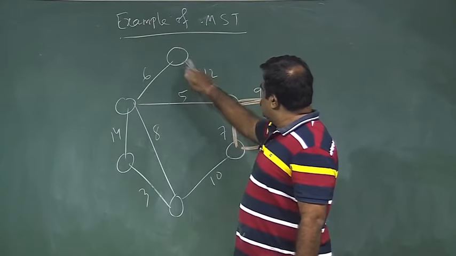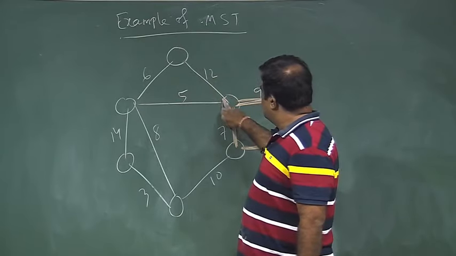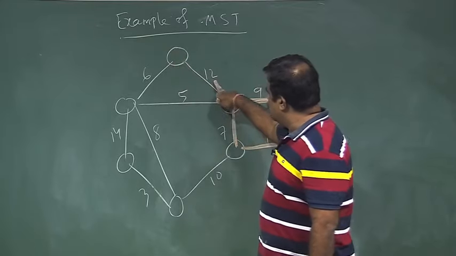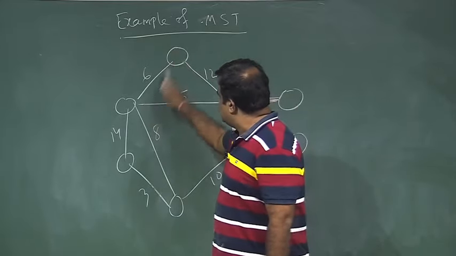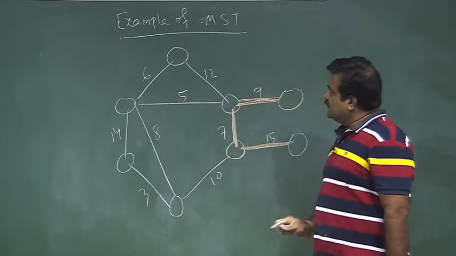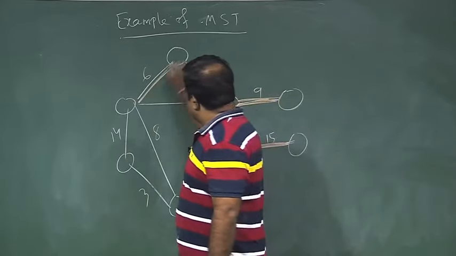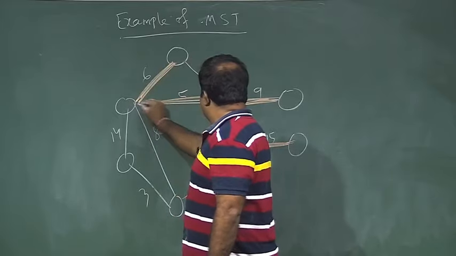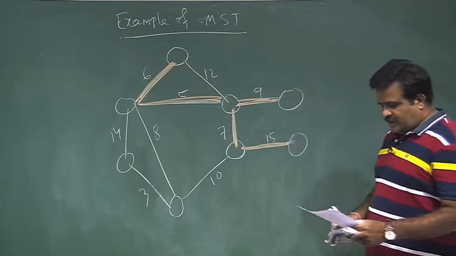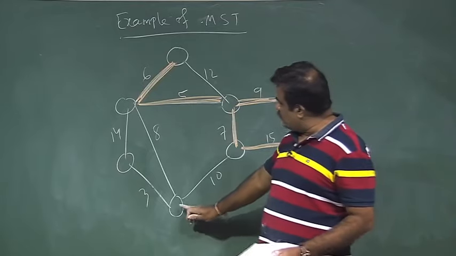If we take this edge, it covers only this vertex with a cost of 12. Instead of that, if we take this edge and this edge, it covers these two vertices with this cost. So this is the intuition. So we must take these two edges. So this is 5.